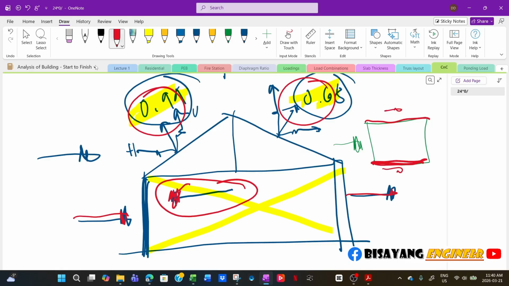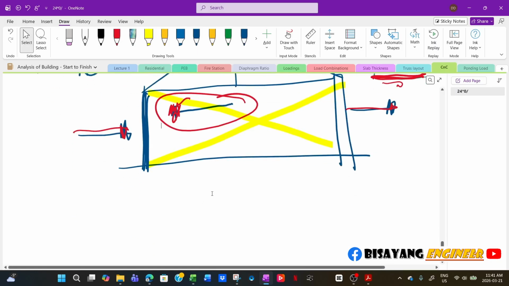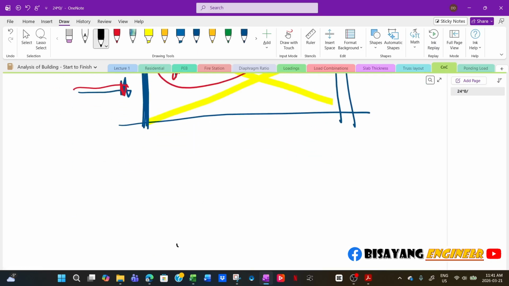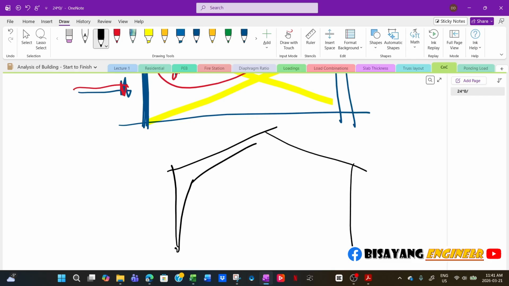But if you are calculating for a pre-engineered building, that's another story. Because in that case, you have to combine everything, because it's one whole system. Compared to trusses, where the truss is different and you just apply the load at the top of the roof.